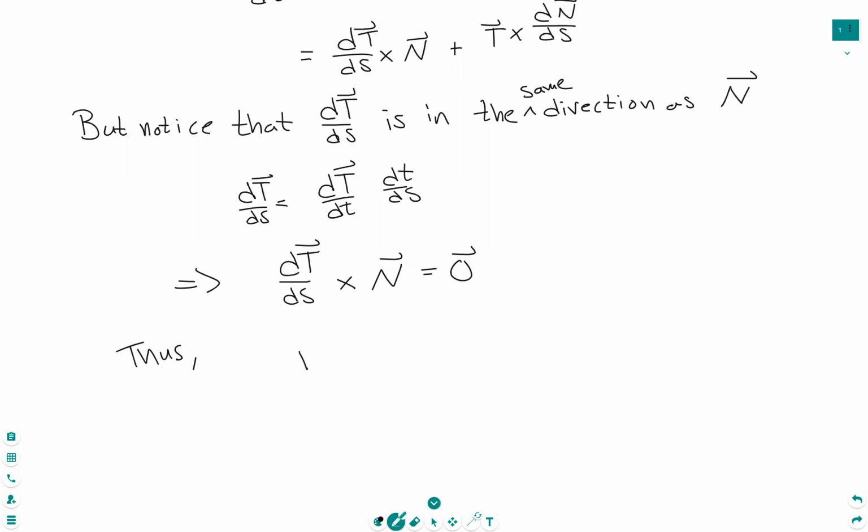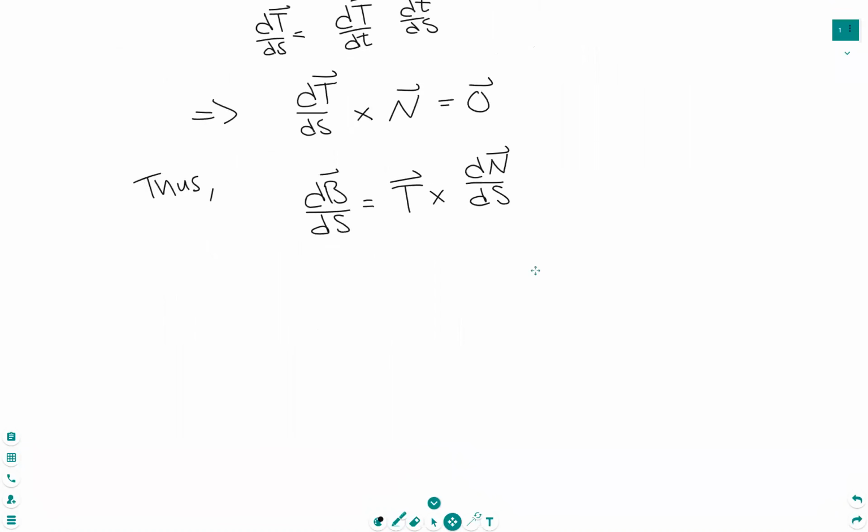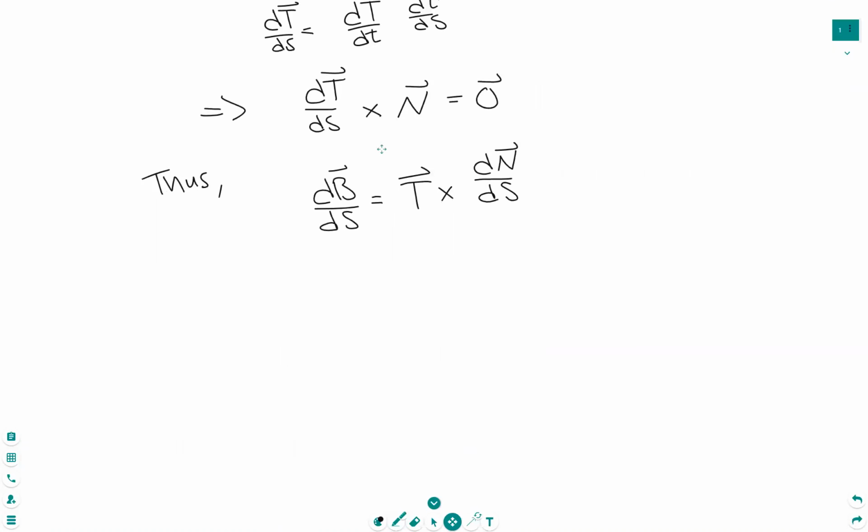Thus, we remove that term, and it looks like the only thing that we need to be worried about so far is this T crossed with dN/ds. Okay, from this, we can also make some observations here.